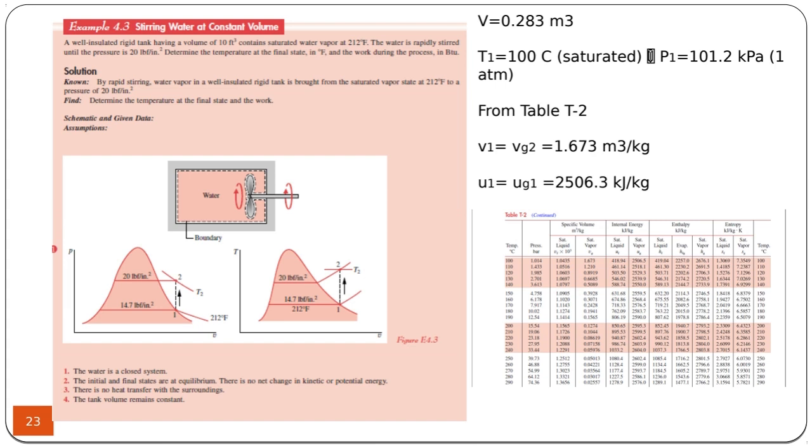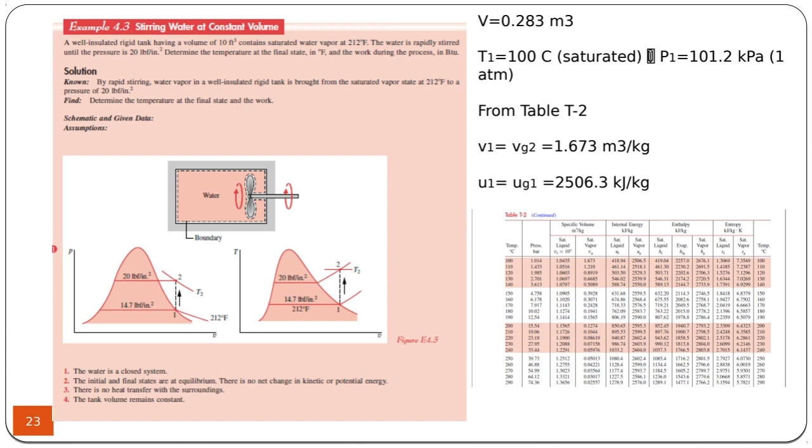It's saturated, so initially it's saturated water at 100 Celsius, saturated vapor. So initially we have saturated vapor inside this insulated tank in 1 atmosphere pressure.